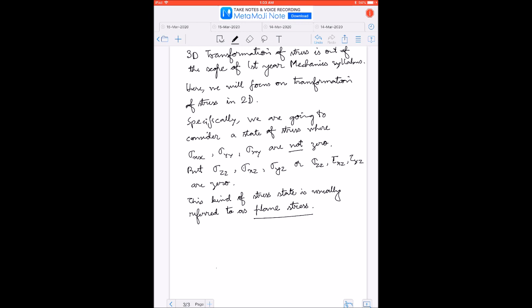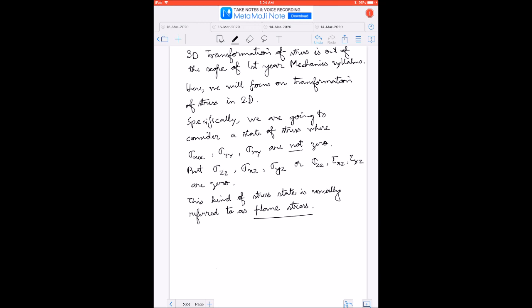So all the examples, all the explanations, all the derivations that we'll be doing will be focused on this kind of plane stress. So we no longer have to consider a three-dimensional state of stress. We no longer have to consider a three-dimensional body. Rather, we'll focus our entire attention on two-dimensional things.